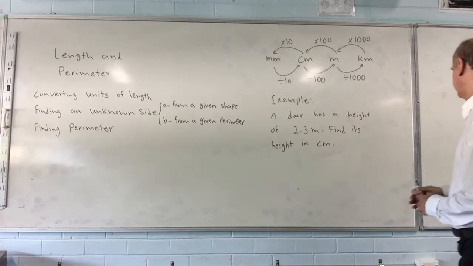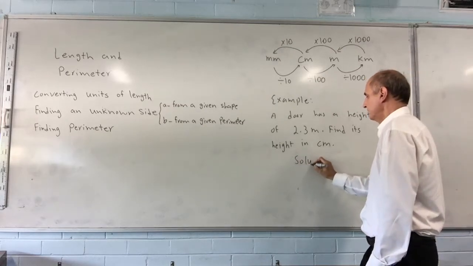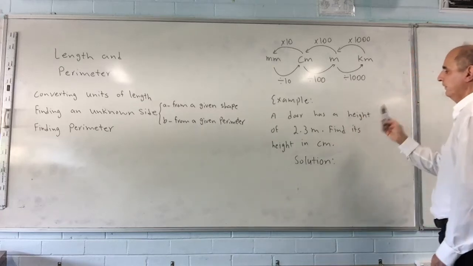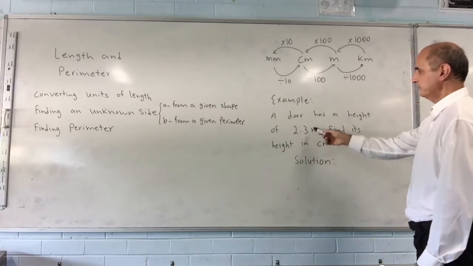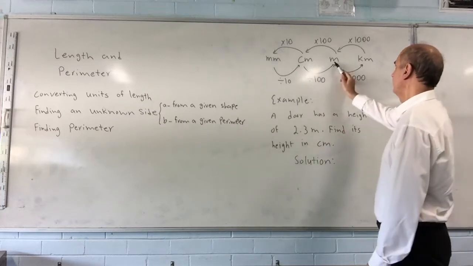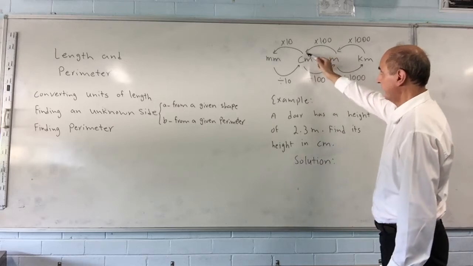Okay, to do that, we look at the conversion between meter and centimeter. We are going from meter to centimeter. So here, to go from meter to centimeter, we are going that way along this arrow.